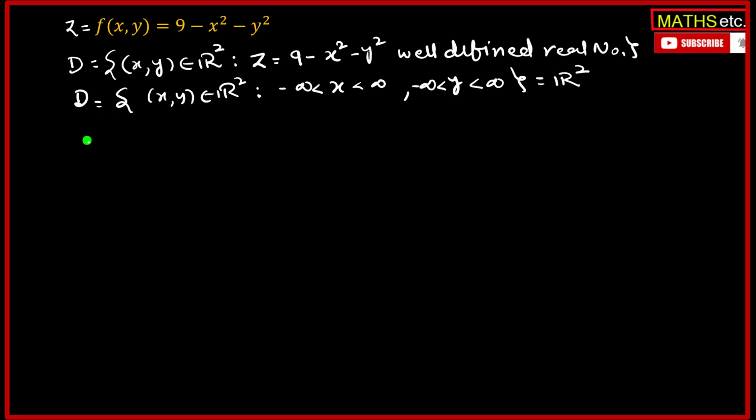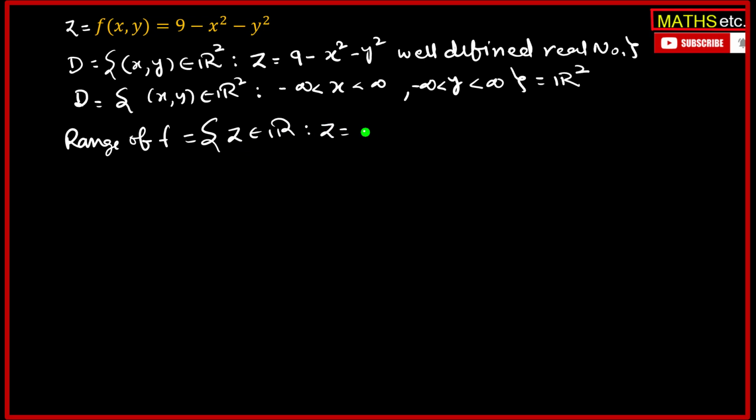Now, what is the range of this function? Range of f means the collection of z values. And z always lies on the real number line, that is one dimensional. So the range will be the collection of all such z values.